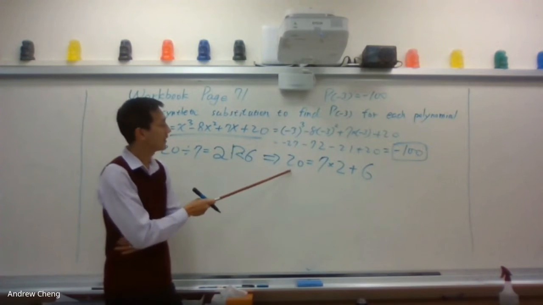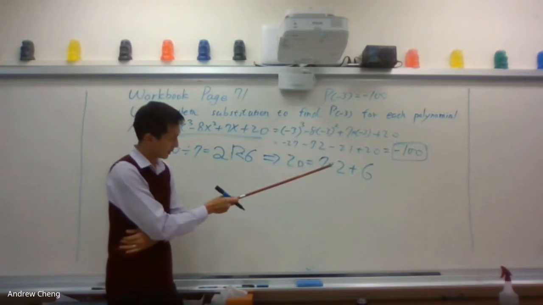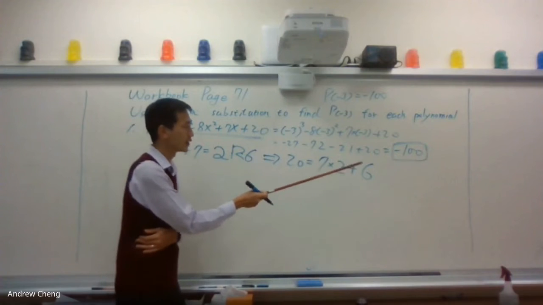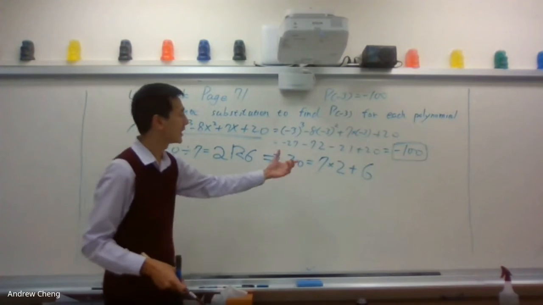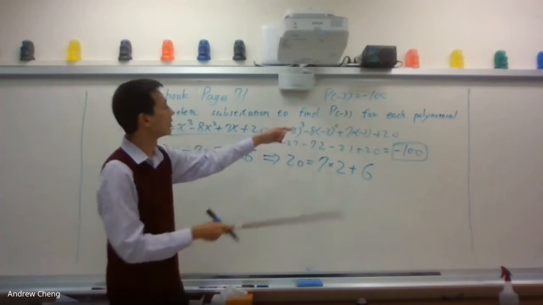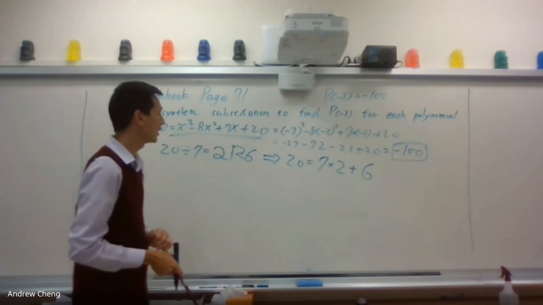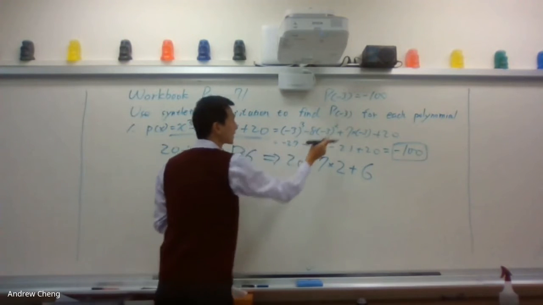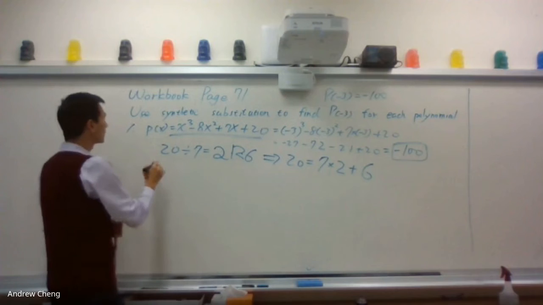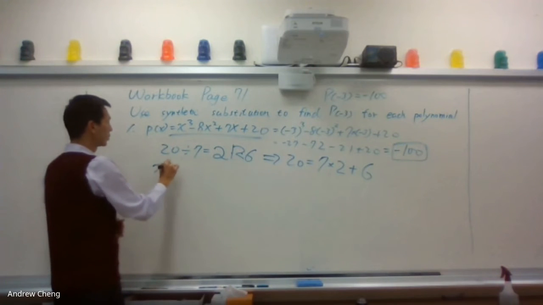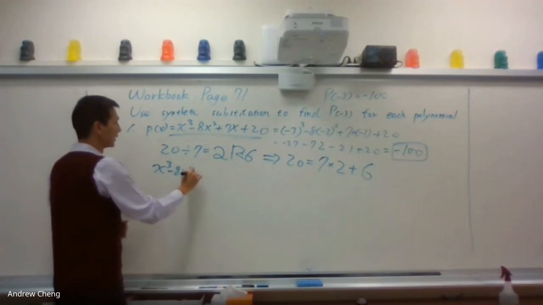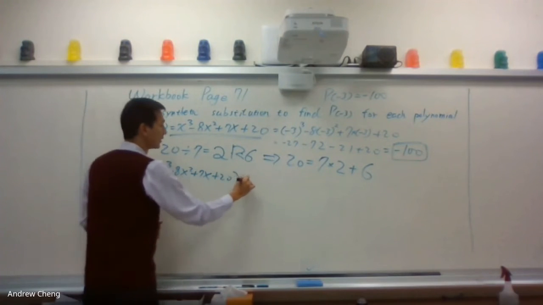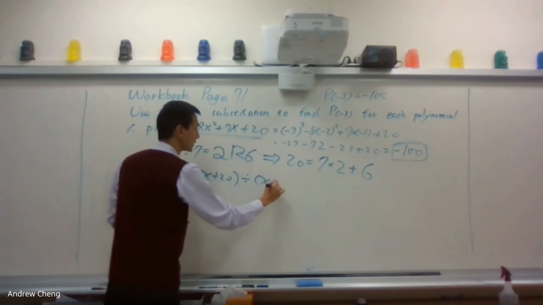Again, dividend equals divisor times quotient plus remainder. We're going to use this method to find this. How to do that? So I want to use this: x cubed minus 8x squared plus 7x plus 20 divided by x plus 3.